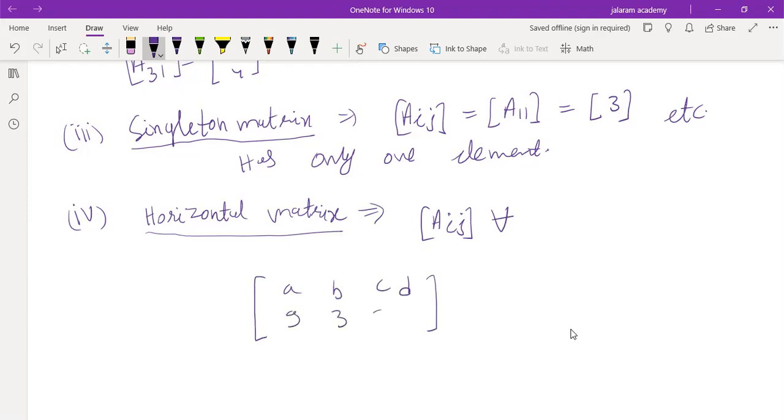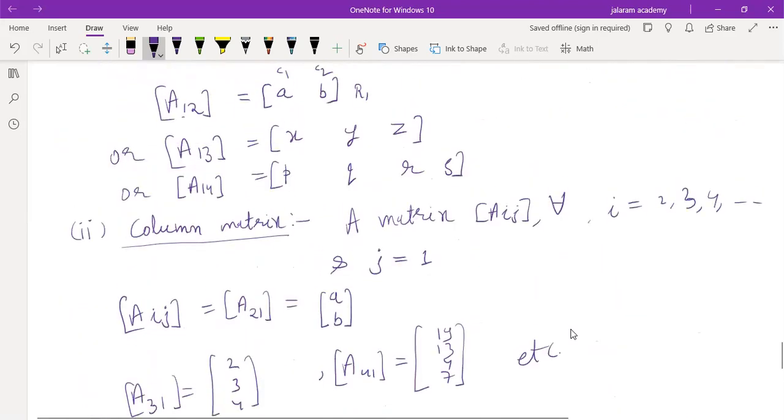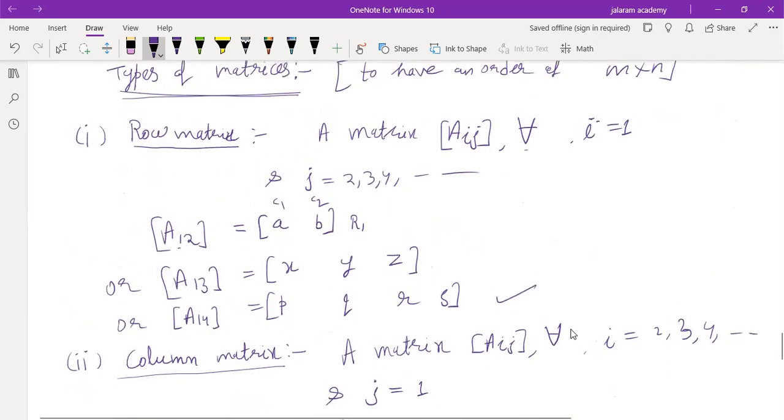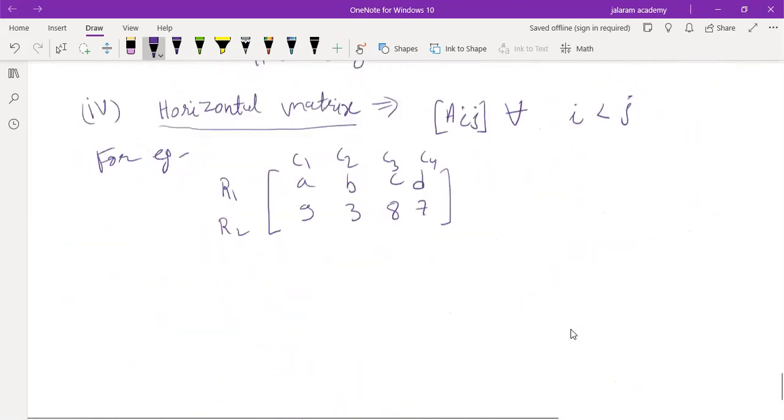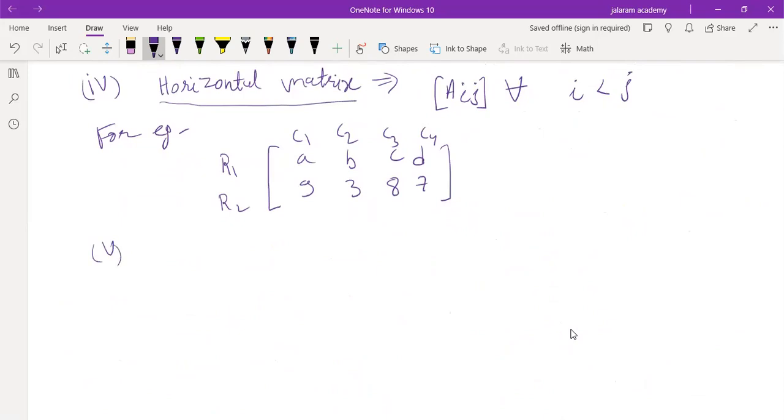Row 1, row 2, column 1, column 2, column 3, column 4 means the number of rows is less than the number of columns. Is that clear to you? This is called a horizontal matrix. This row matrix is also a type of horizontal matrix.